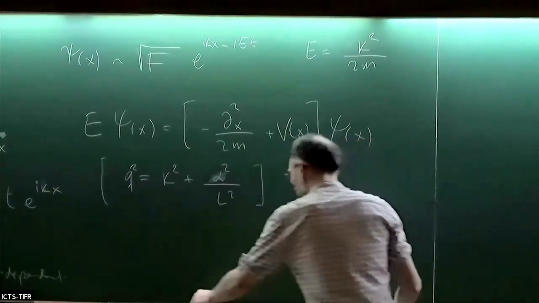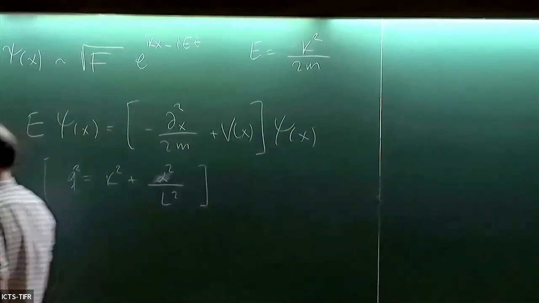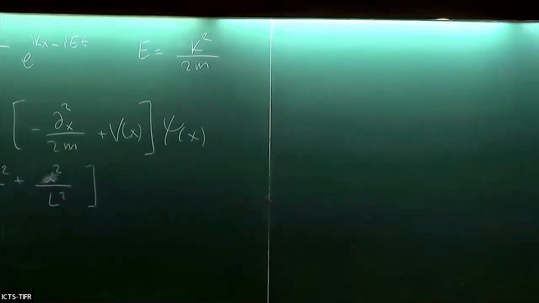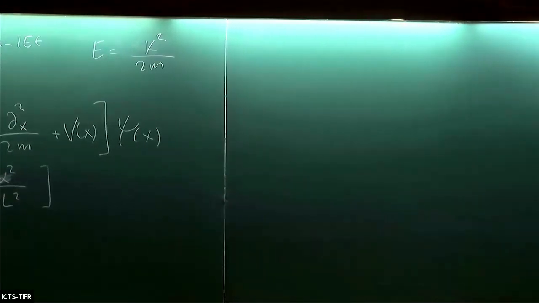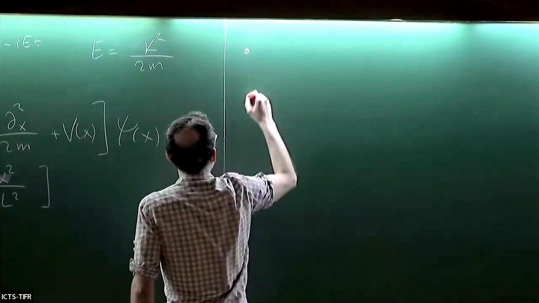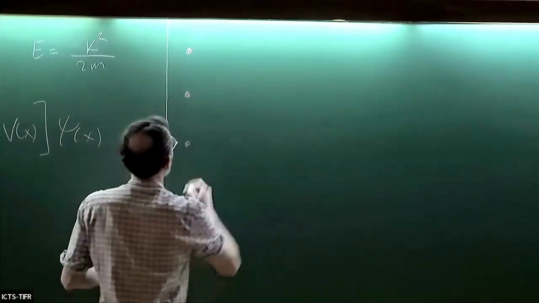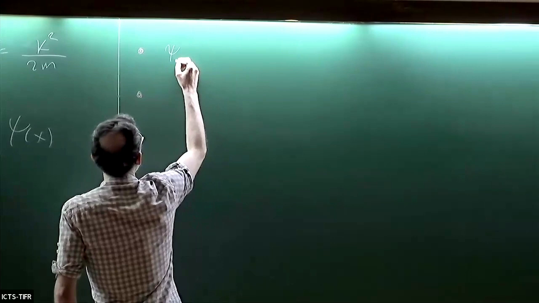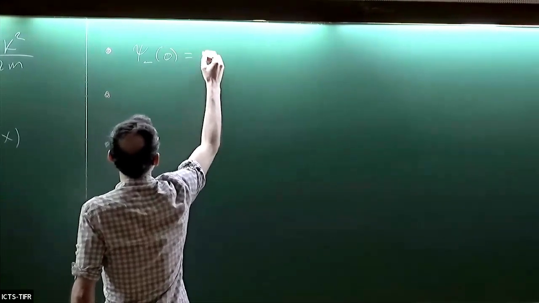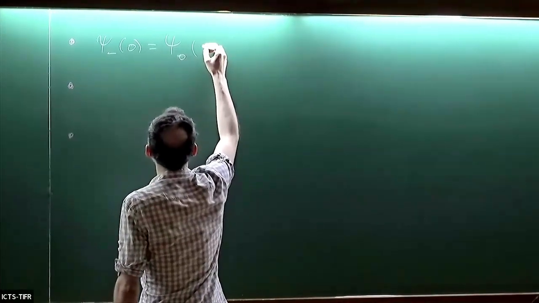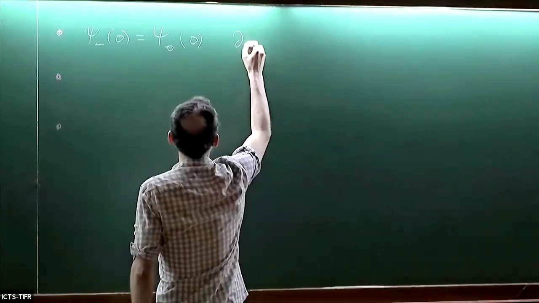So what I want you to solve, let's mark this in purple so there's color coordination between the notes and this, is this simple quantum mechanical system in which the wave function at 0 for left and right is the same, and so is the derivative.